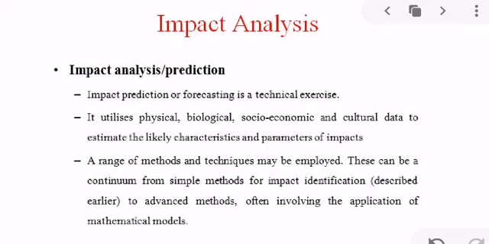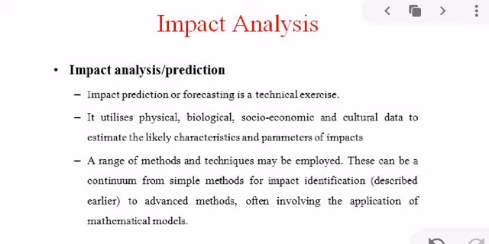Once all the important impacts have been identified, their potential size and characteristics can be predicted. Impact prediction or forecasting is a technical exercise. It utilizes physical, biological, socioeconomic, and cultural data to estimate the likely characteristics and parameters of impact. Examples are magnitude, spatial occurrence, etc.